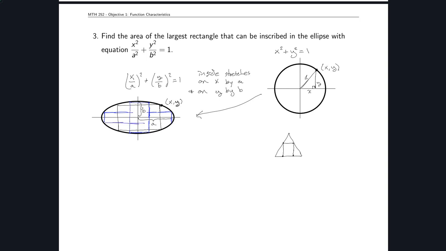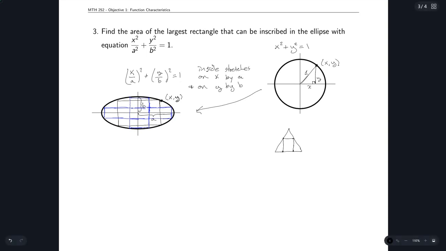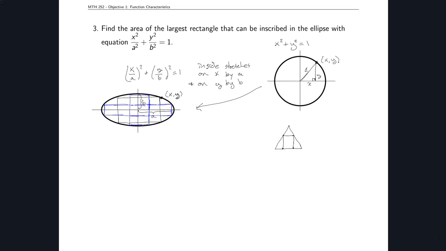But we see when we do this, no matter how we do it, there's a lot of symmetry going on in how we inscribe these rectangles inside the ellipses. Okay, let me draw this again and try and clean it up, and we want to sort through what we're doing here.